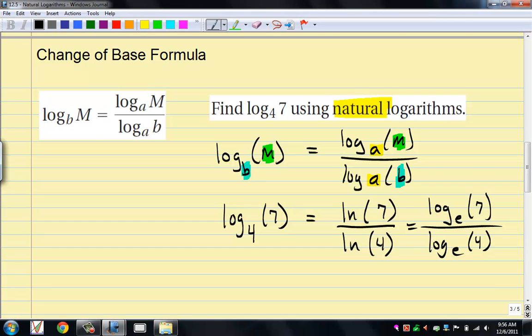And this is how you convert from one base to another base. Basically, this number gets moved up to the numerator, and this number gets moved to the denominator. So this is change of base formulas, a way of converting from one base to another base.